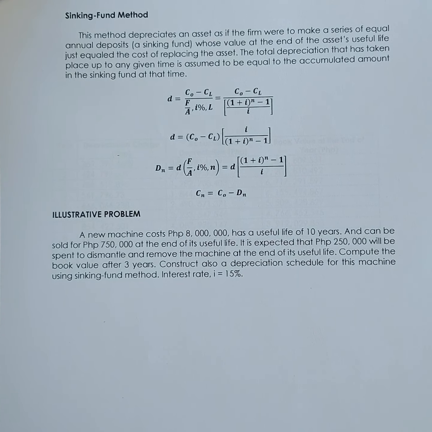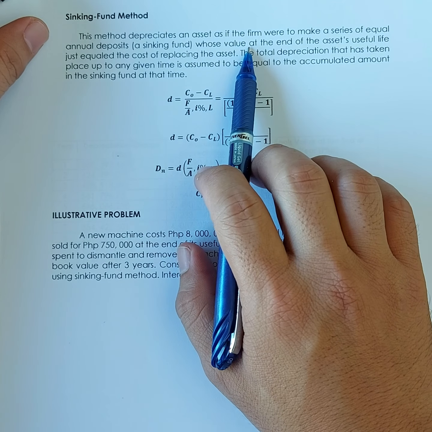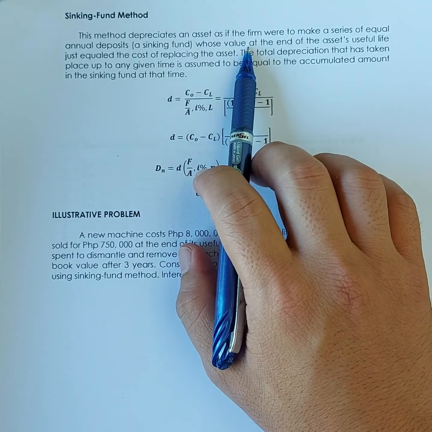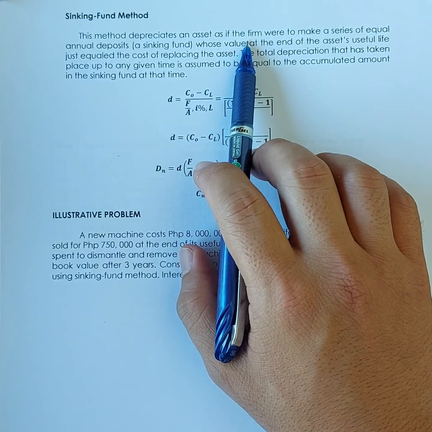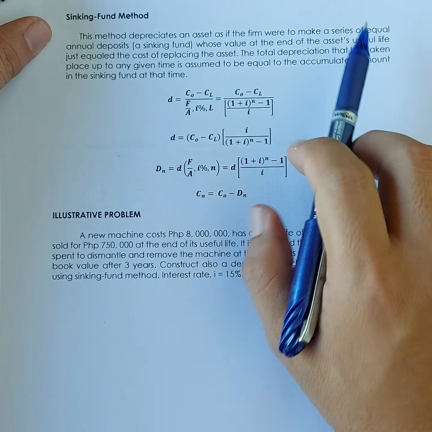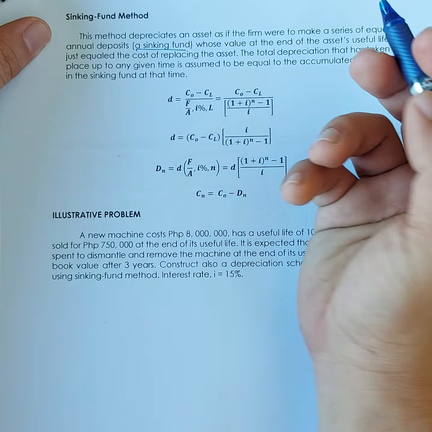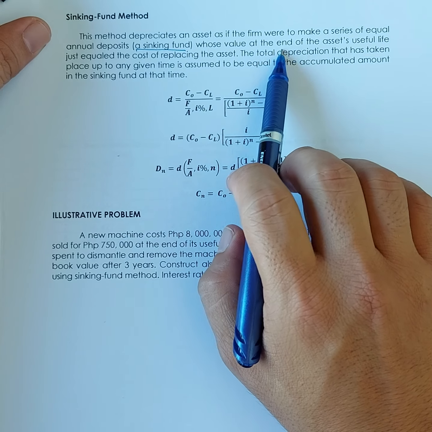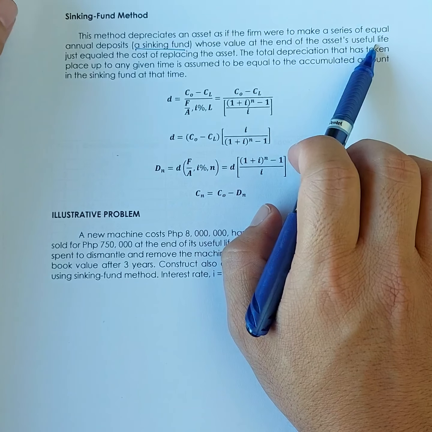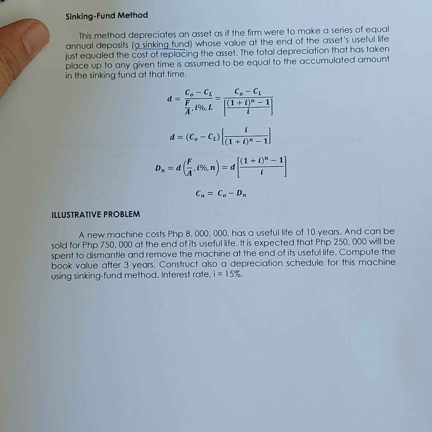Okay, what is sinking fund method? This method depreciates an asset as if the firm, meaning company or any person, were to make a series of equal annual deposits, a sinking fund. Okay, annuity siya, whose value at the end of the asset's useful life just equals the cost of replacing the asset.